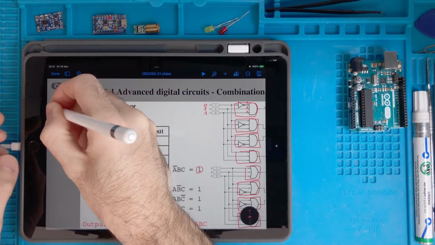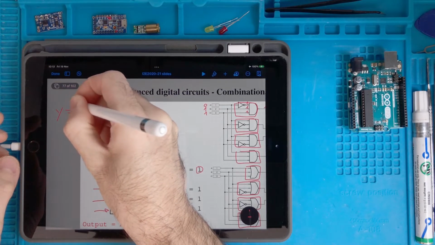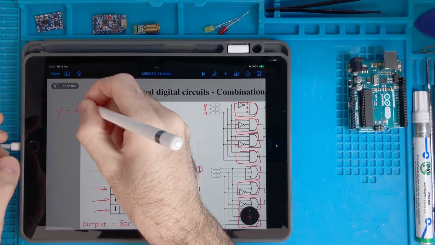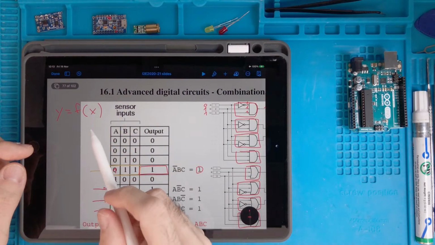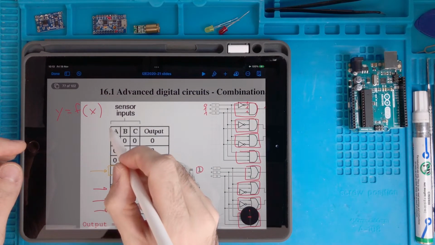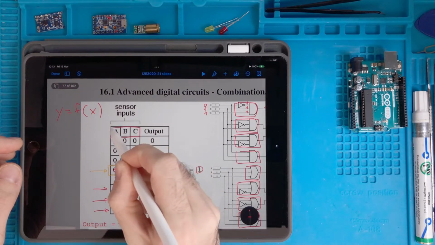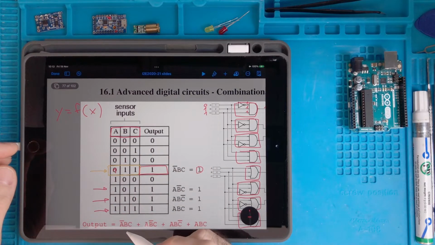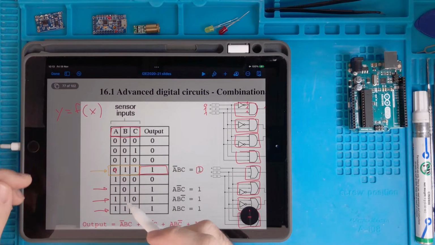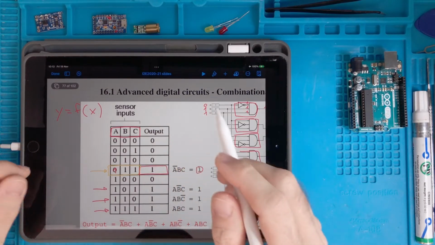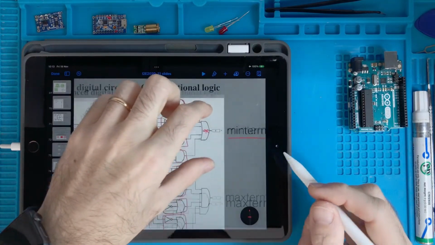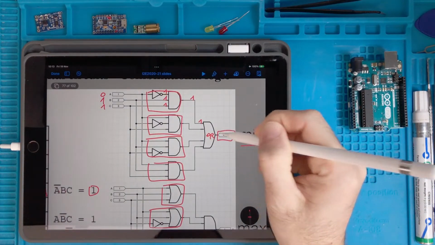Y is a binary function of x, where x is a vector input, so it's an input having three entries, A, B, and C. So let's say it has 3 dimensions, but the output has only 1 dimension. We have only one wire at the output.